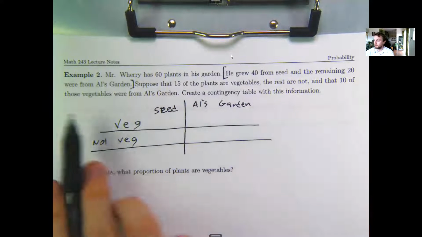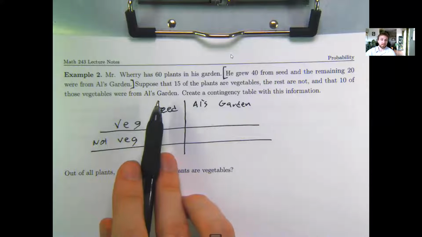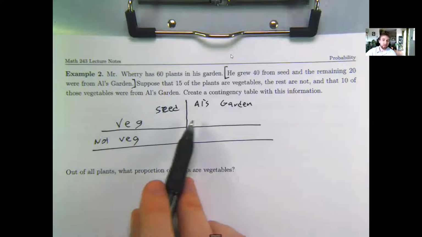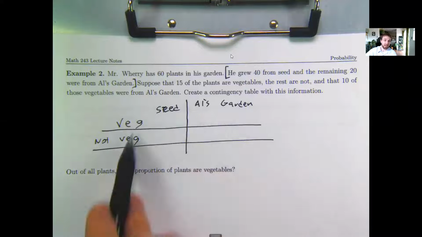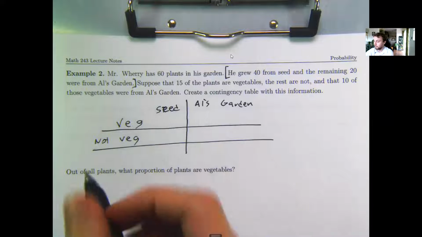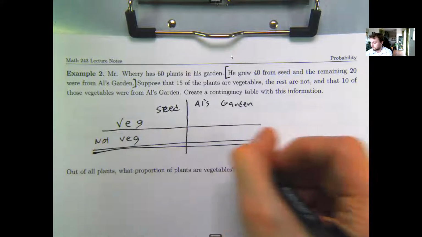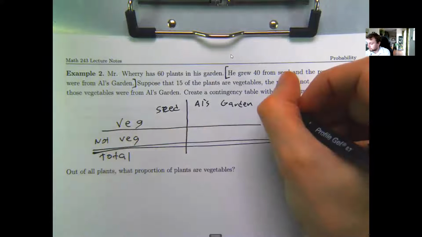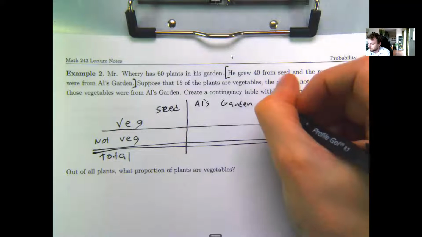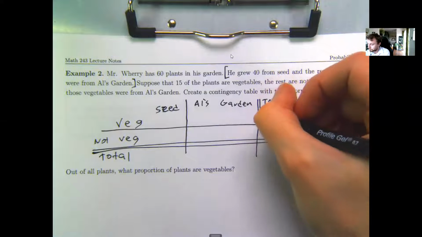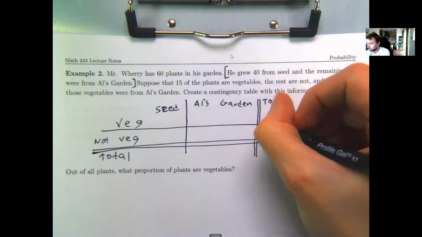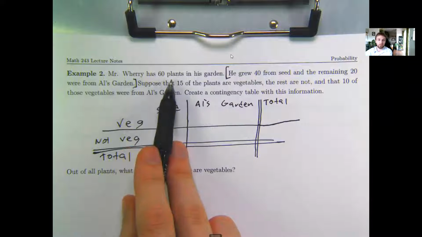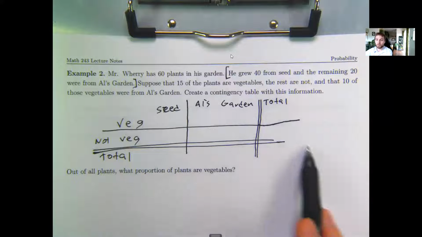Ten of the vegetables were from Al's. So these combination of events, vegetables and Al's, those things happen on the inside of the table. There are 60 plants in total. That's the overall total.